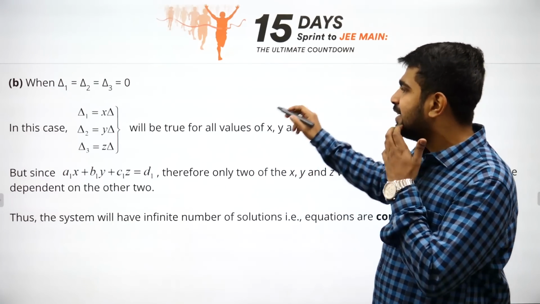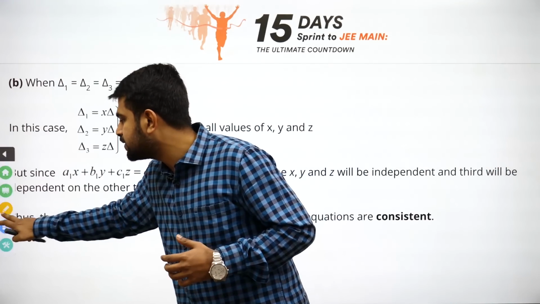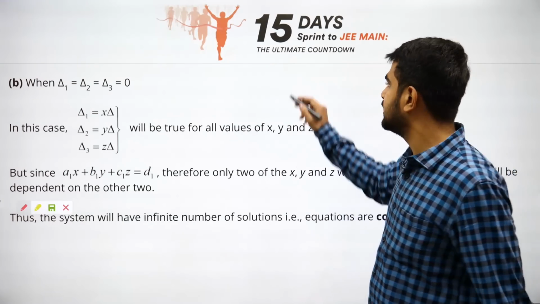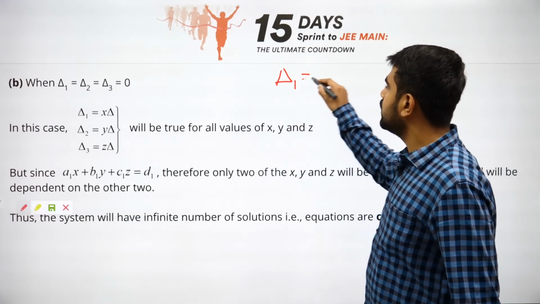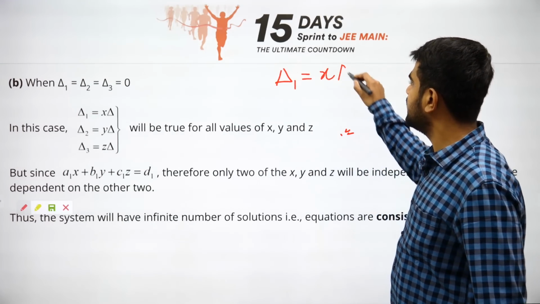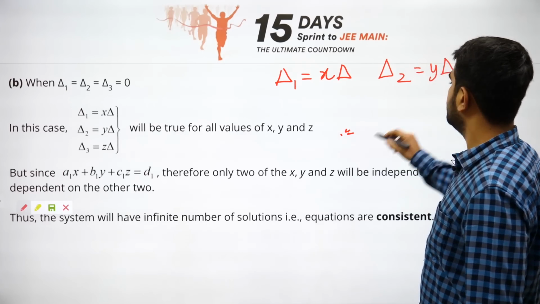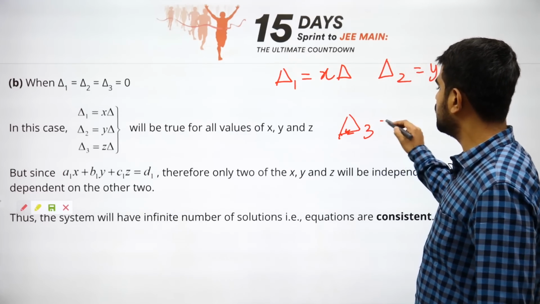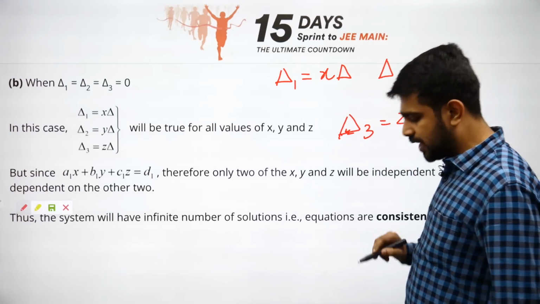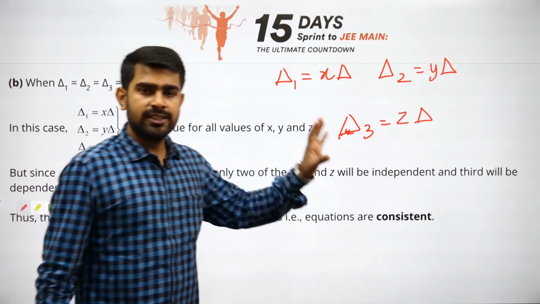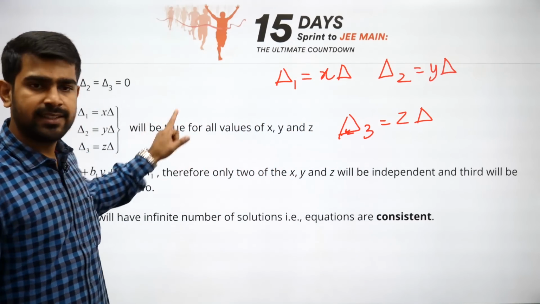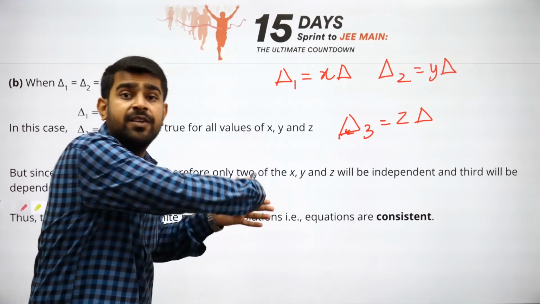So here it is pretty simple. Now you must have got the hang of what I am discussing. Delta 1 is equal to x delta, delta 2 is equal to y delta and delta 3 is equal to z delta. Now this is what is given to you, right? In this case, it is again under case 2, a subdivision of case 2.